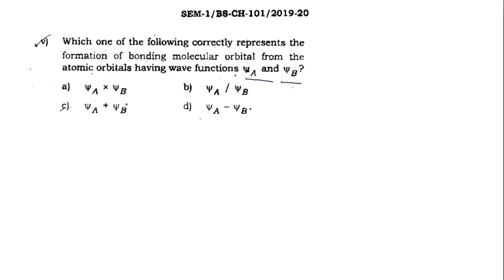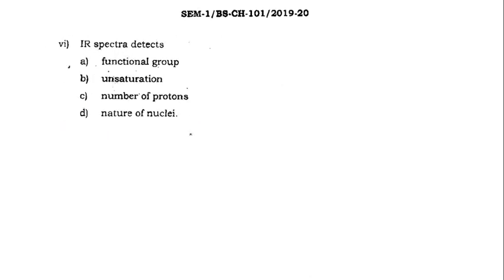We already know that if two wave functions interact with each other, there can be constructive interference and destructive interference. Constructive means psi A plus psi B, whereas destructive means psi A minus psi B. So in this case our bonding molecular orbital will be formed by psi A plus psi B.